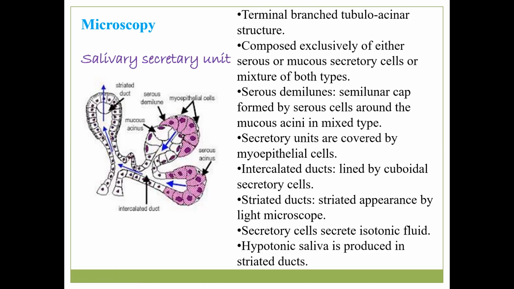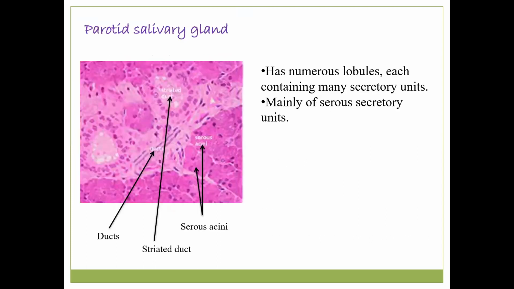Then they pass into the striated ducts, which are lined by cuboidal to columnar cells. The secretory cells secrete isotonic fluid, but in the striated ducts, hypotonic saliva is produced from this isotonic fluid.